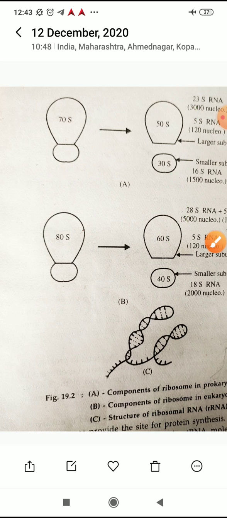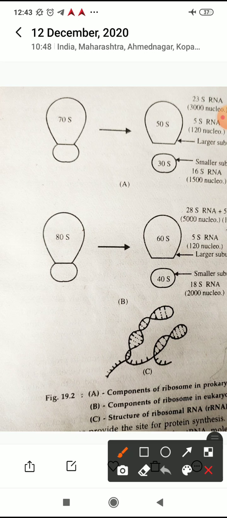And remember, this is not a mere sum of 50 plus 30 equals 80, so don't get confused. The 70S ribosome has 50S and 30S subunits, while the 80S ribosome has 60S and 40S subunits. So dissociation and association of these ribosomal subunits takes place, that I have told you.